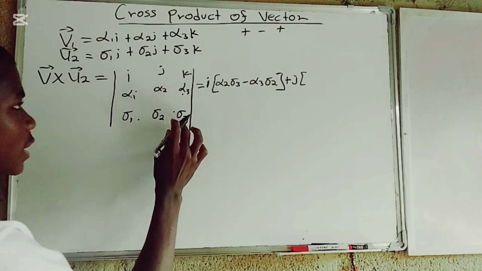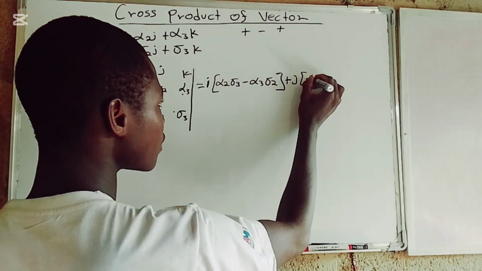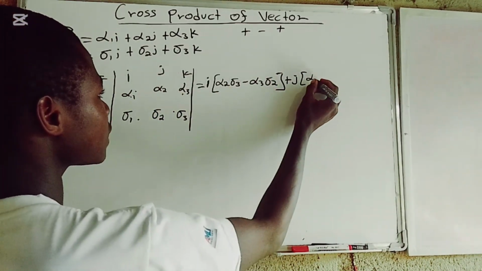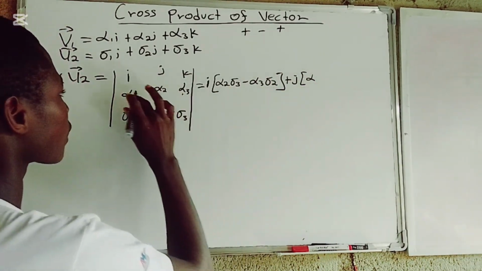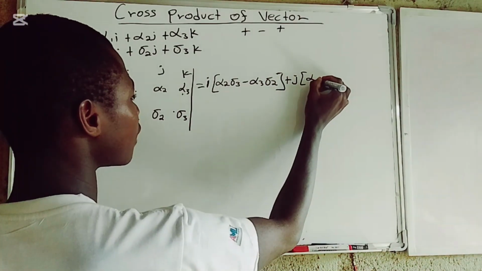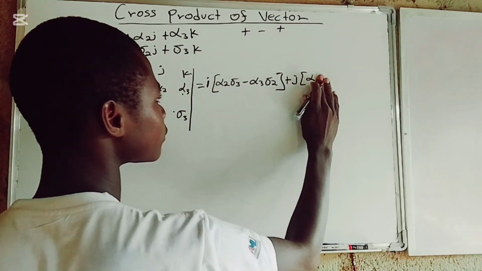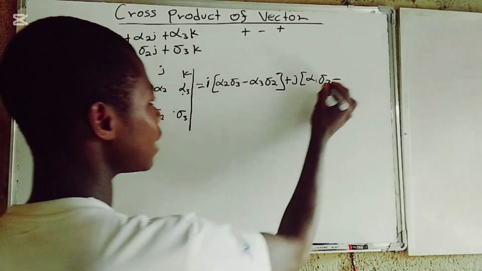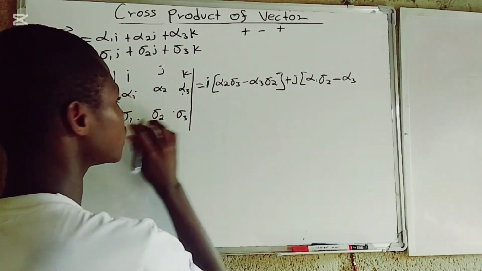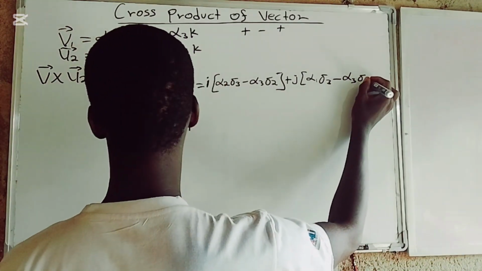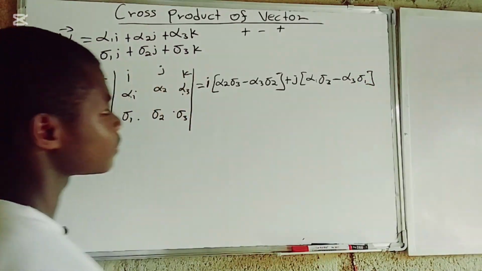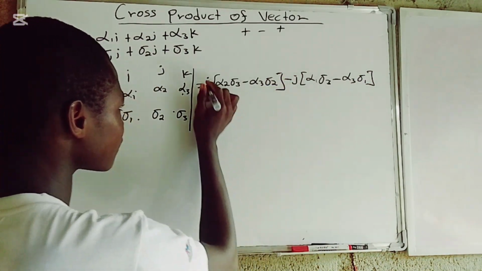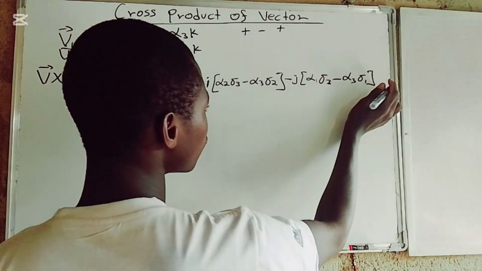So I'll say alpha 1 multiplied by sigma 3, minus alpha 3 multiplied by sigma 1. Sorry, this is negative, and here is positive. So therefore this is j.